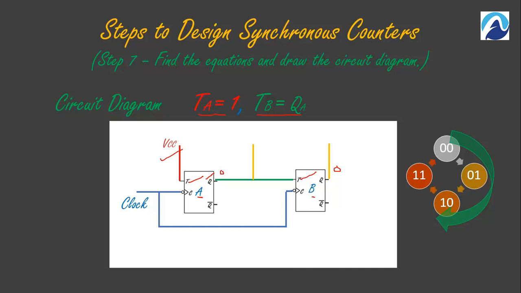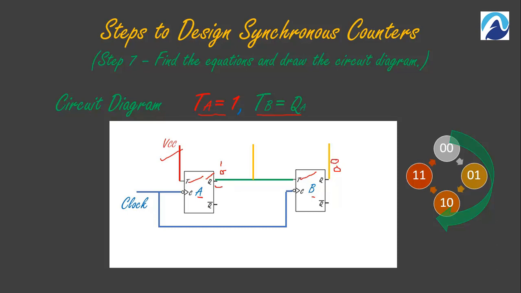But flip-flop B depends upon the output of flip-flop A. If the output of flip-flop A is 0 for that particular clock, flip-flop B will not toggle. It means after the first clock, flip-flop A will toggle and become 1. But due to this 0, flip-flop B will not toggle and it will remain 0.